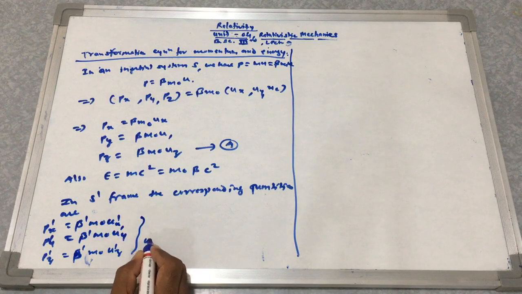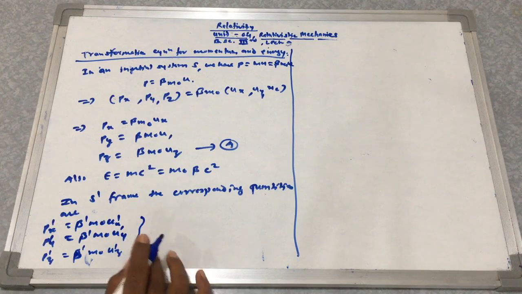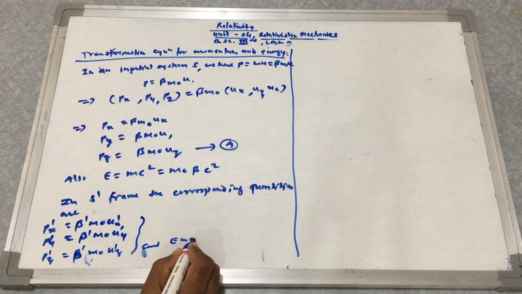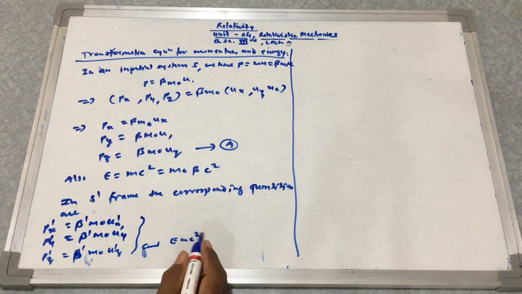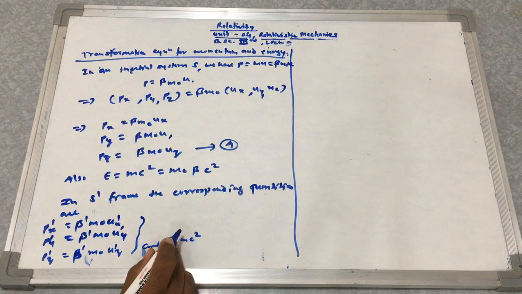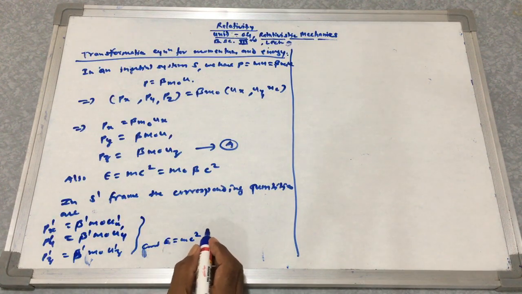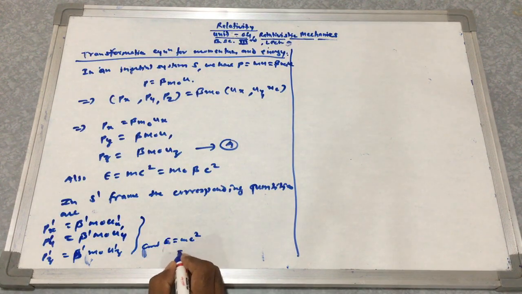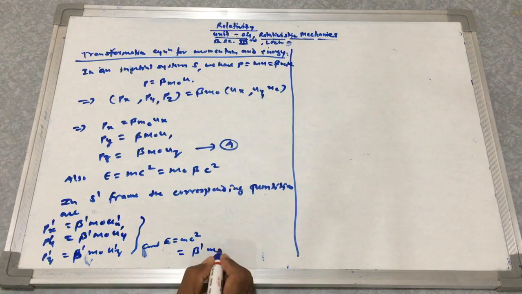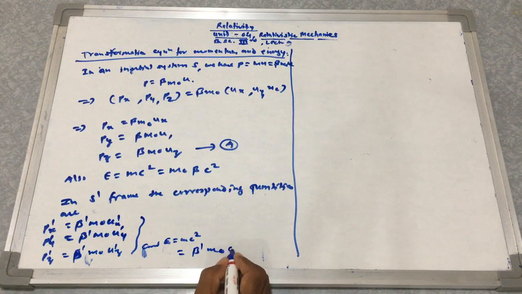And here E equal to mc square is equal to beta dash m0 c square.